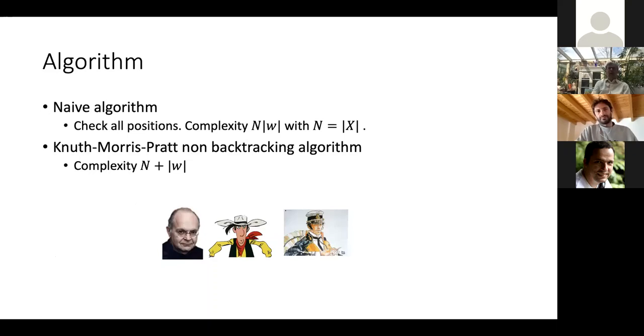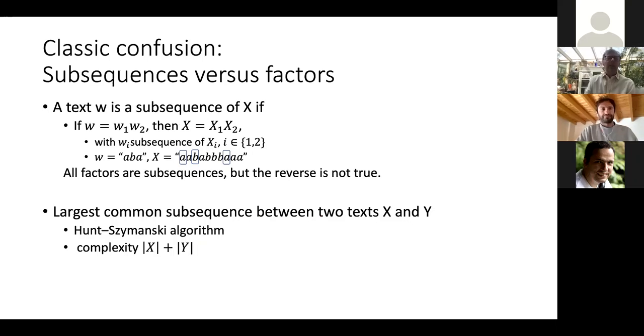And there is an old solution, which is a non-backtracking algorithm, which costs only the sum of the lengths of the text and the factor, and this is the algorithm of Knuth-Morris-Pratt that I'm not going to describe in detail.